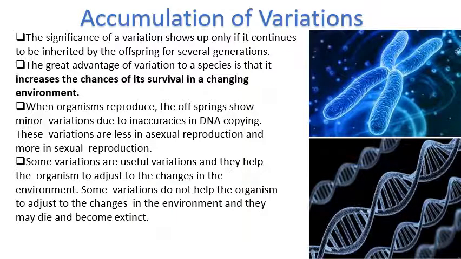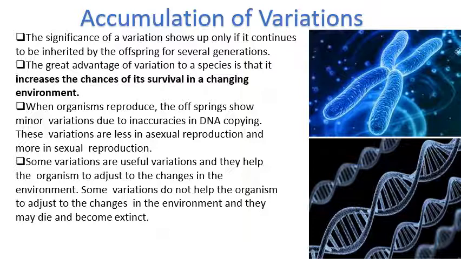Accumulation of variations. The significance of a variation shows up only if it continues to be inherited by the offspring for several generations. The great advantage of variation to a species is that it increases the chances of its survival in a changing environment. When an organism reproduces, the offspring show minor variations due to inaccuracies in DNA copying.